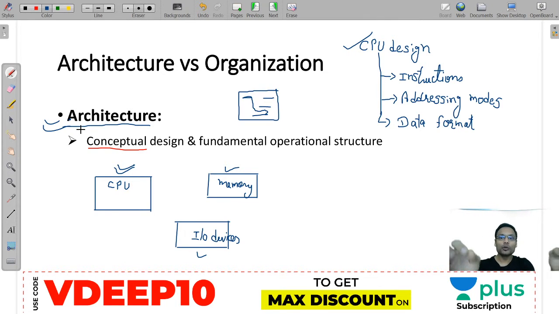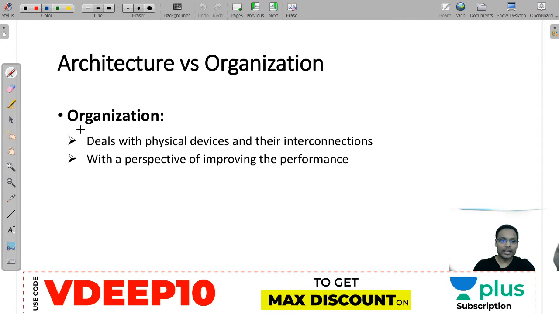When you try to implement this concept, then you will switch to the next one, organization. Organization means it's an implementation. I can write here, it's an implementation of computer architecture. I hope you guys are clear about this.